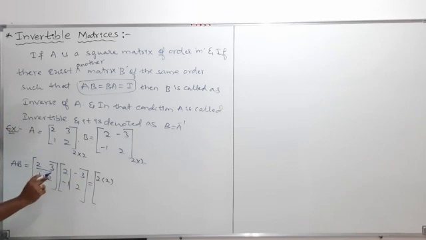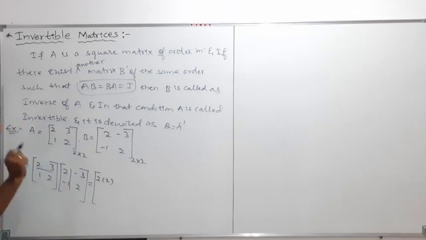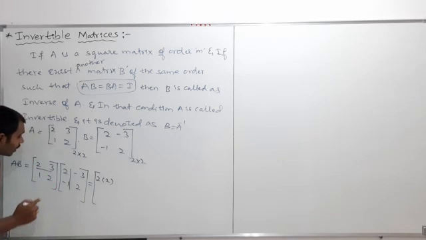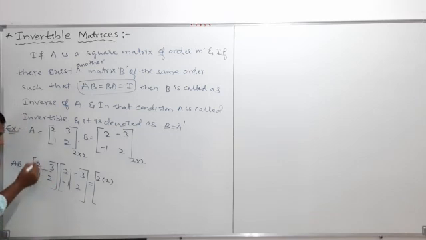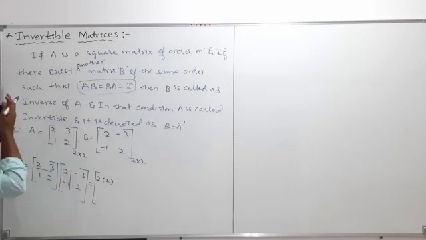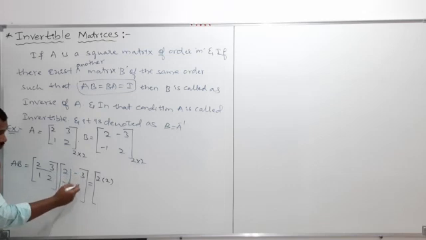So therefore multiplication is possible. Please remember, whenever we are multiplying any two matrices, always obey one condition: the number of columns in the first matrix must be equal to the number of rows in the second matrix. If those two values are equal, then only multiplication is possible. Here 2 columns are there, 2 rows are there.